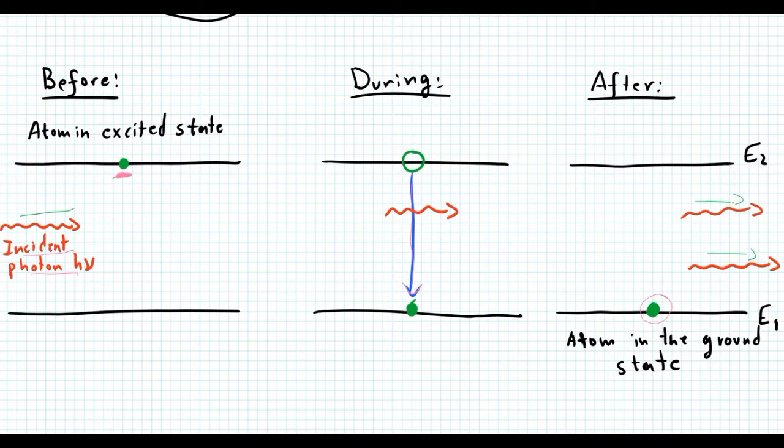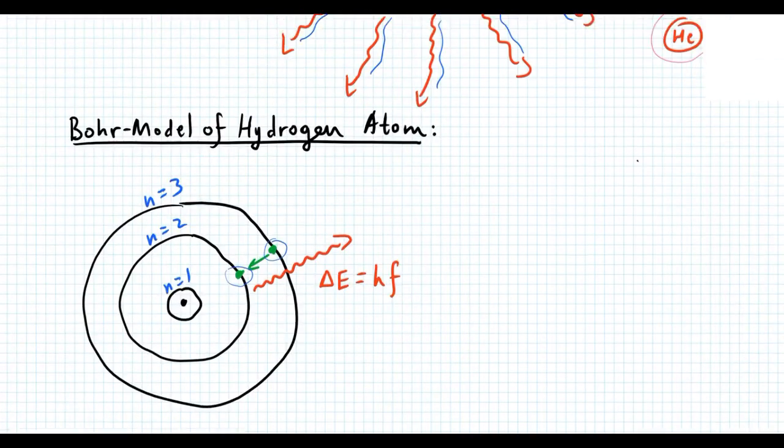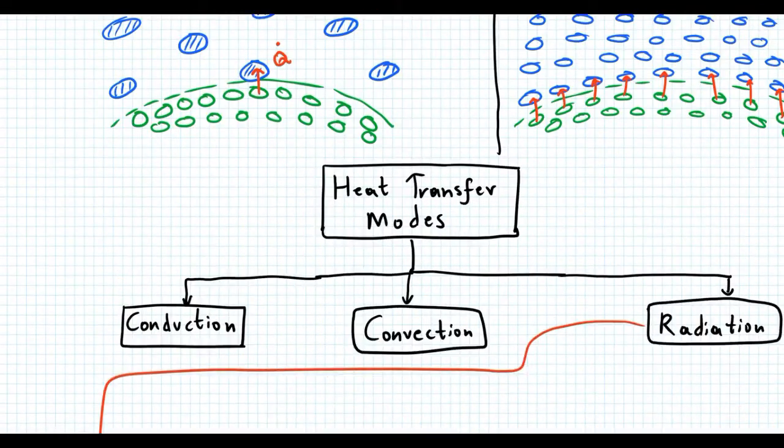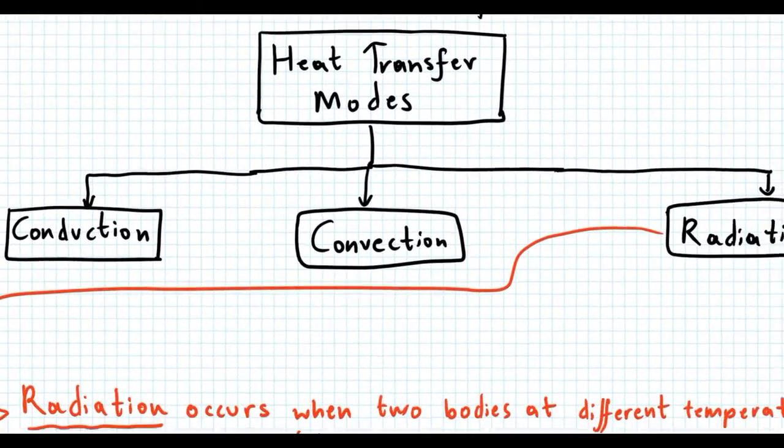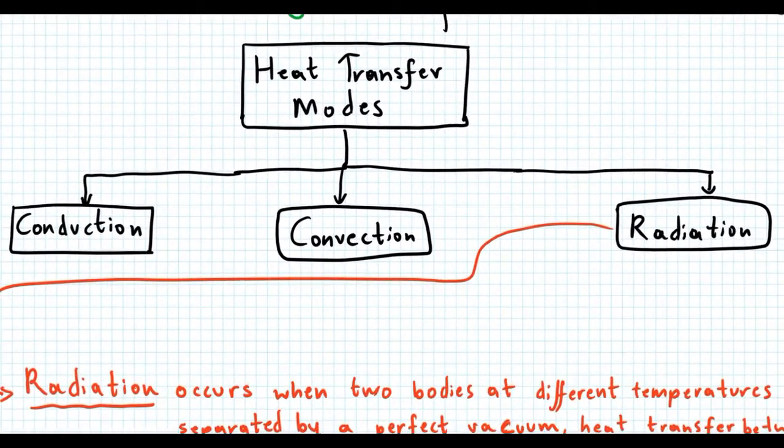Now, just to conclude this whole video, bear in mind it's not necessary that radiation, conduction, and convection all happen distinct and independent of one another. It can be the case that convection and radiation simultaneously happen.